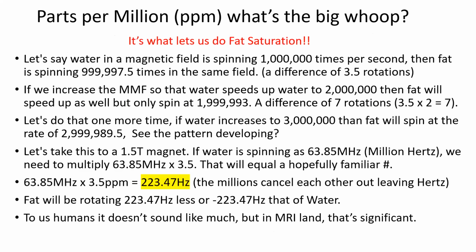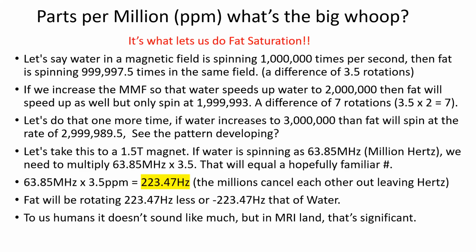So let's put this into a little bit of perspective. If you put the human body into a magnet and you speed water up to 1 million hertz, 1 million revolutions a minute, fat is going to follow suit, but it's going to be a little bit slower, just ever so slightly slower. So look, 999,996.5.